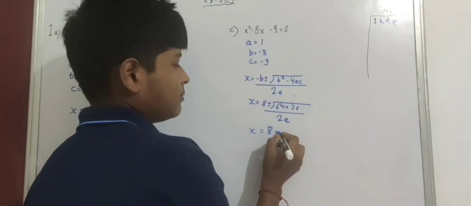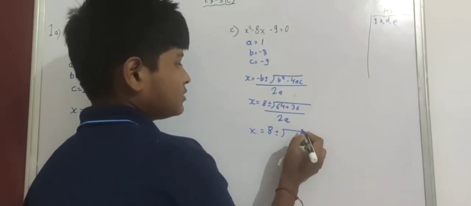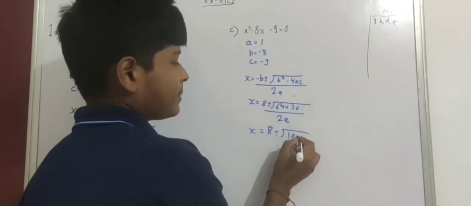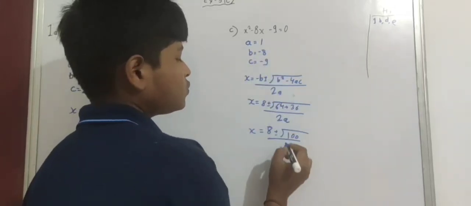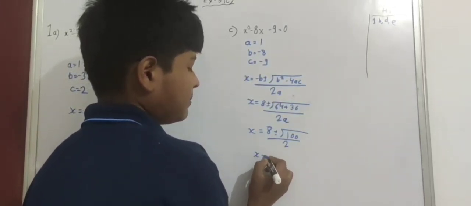So now we have 8 plus minus both under root. On solving this we will get 100 divided by 2 into 1, that is 2.